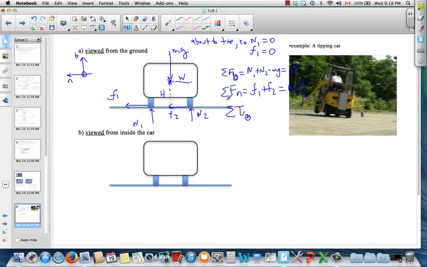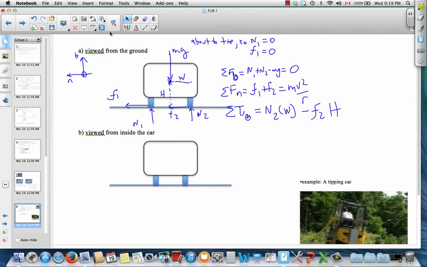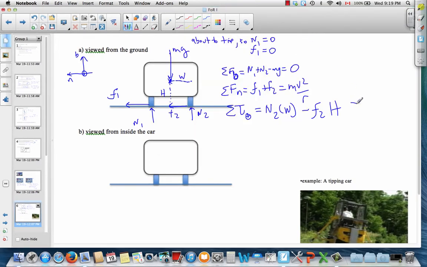For torques about this point, the normal force acts a distance w away, in the clockwise direction. So you've got normal force 2 acting a distance w away from the pivot, and friction 2 acts a distance h away from the pivot. If the car is about to tip but hasn't tipped yet, those torques also sum to 0.